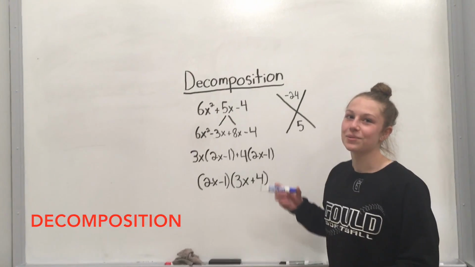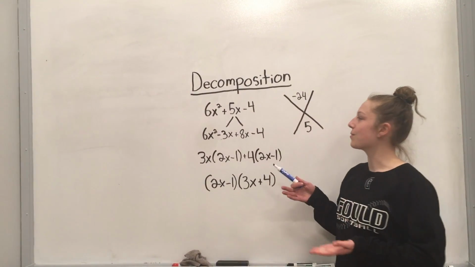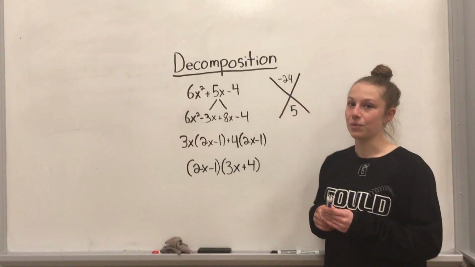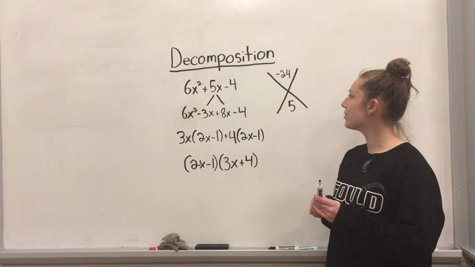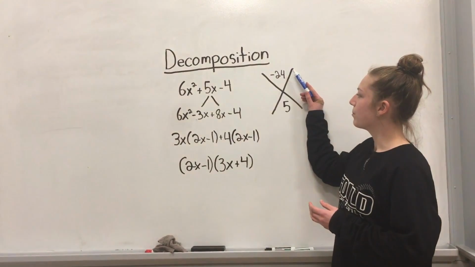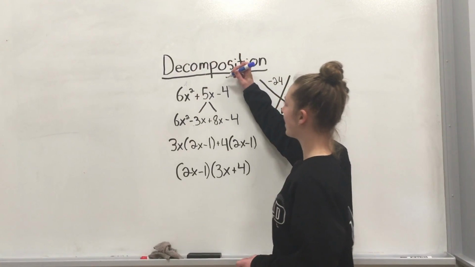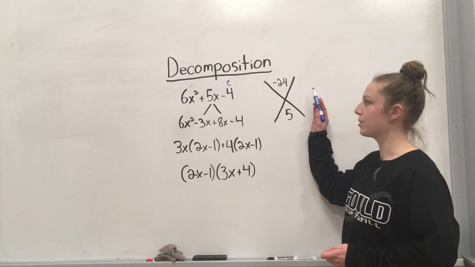In this lesson, you will learn how to factor with decomposition. So the equation for this is 6x squared plus 5x minus 4. With decomposition, you can use something called the x method. So the top would be 24, which is a and c multiplied together to get negative 24.